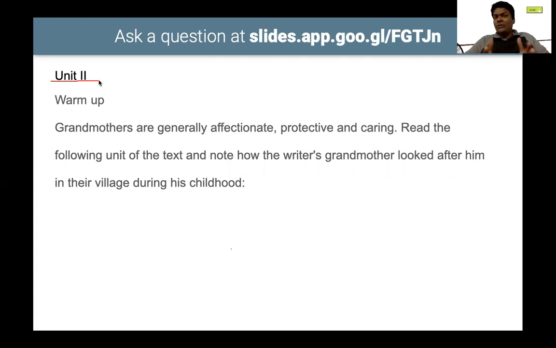Looked after means the grandmother's relation with the writer in their village during his childhood. The writer spent quality time with his grandmother in their village, and she was taking care of him. Okay, let's read that.